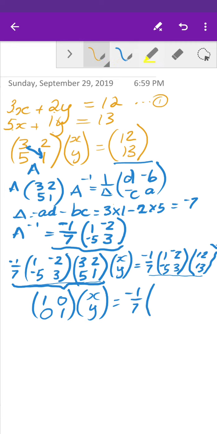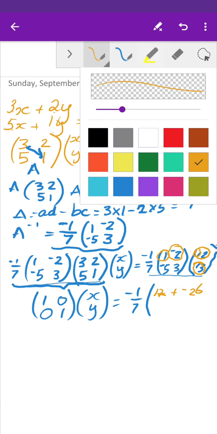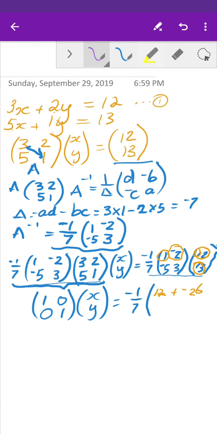And I'll just highlight 1 times 1, plus negative 2 times, get it right, hang on, 1 times 12, it's not a 1, it's 1 times 12, plus negative 2 times 13. That's better. And now I'll change the color.